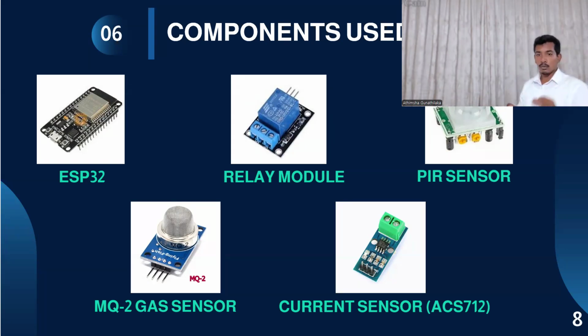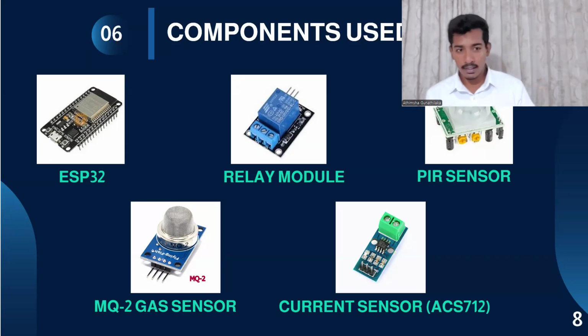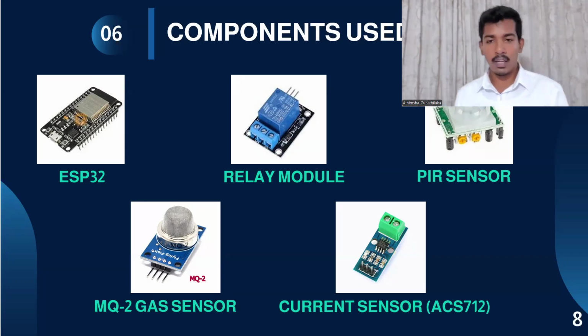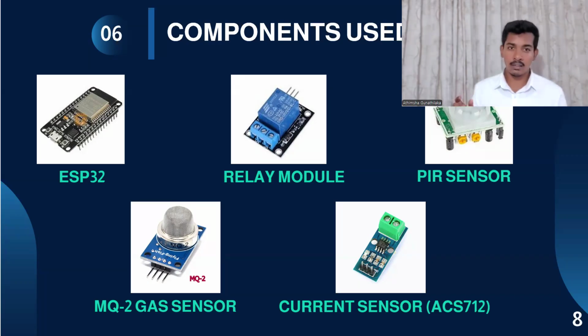The MQ2 gas sensor catches dangerous gases like LPG or smoke. And the relay module is what physically switches appliances on and off. All 5 of these components are very affordable, off-the-shelf parts, which was a deliberate design choice that we made in order to keep the costs down.